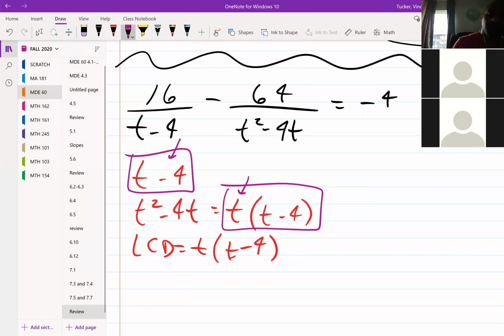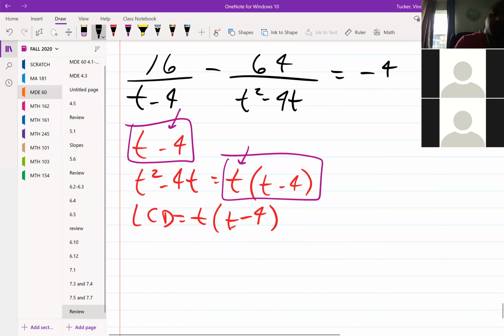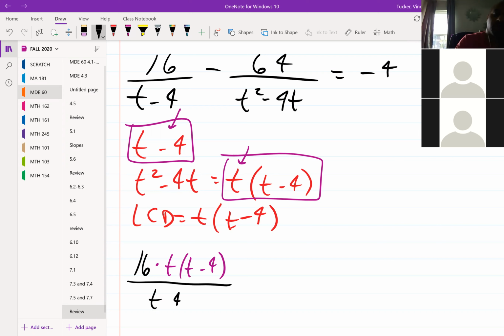Write down once what you see. Then once I get my LCD, multiply it to my numerators.